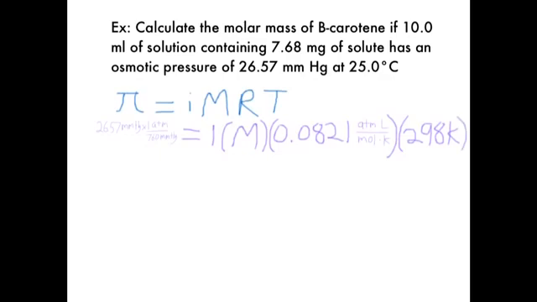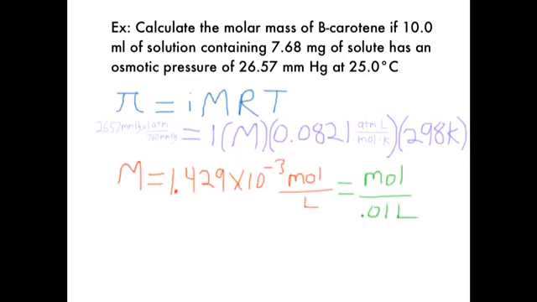When I solve for molarity by dividing both sides by 0.0821 and 298, I find out that the molarity is 1.429 times 10 to the negative third moles per liter.